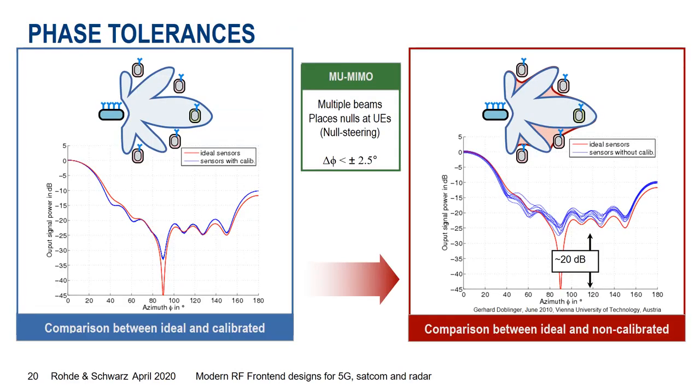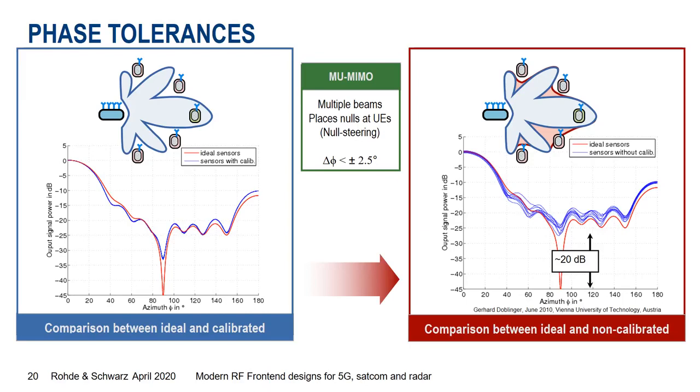Obviously, as we could see before, phase tolerance is an important thing to look at, because if there is a phase variance, the signal is not perfectly steered anymore. In an ideal world, as we see on the left side, the signal is sent to only one user, and all the other users are ideally in the nulls of the beam from the antenna.